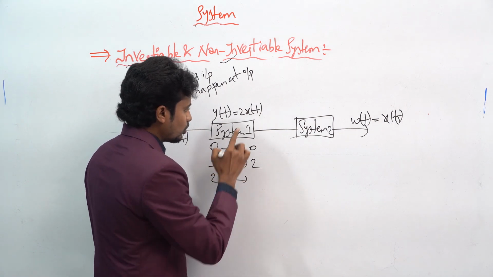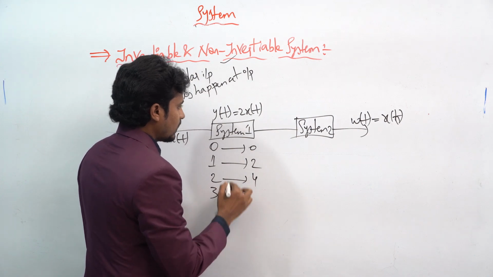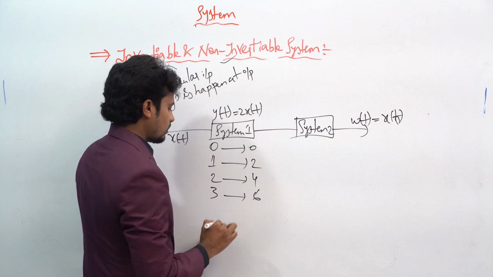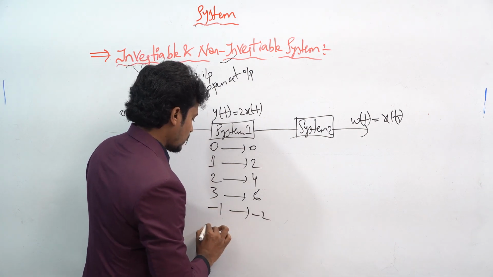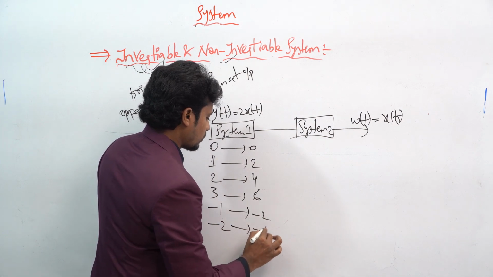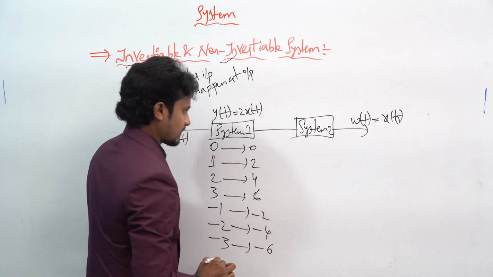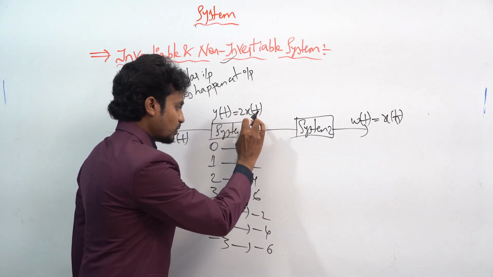If you put 2, that will be 2 into 2, you will get 4. If you put 3, that will be 2 into 3, you will get 6. If you take minus 1, that will be minus 2. Minus 2 gives minus 4. Minus 3 gives minus 6. So this was one output, that will be 2 into x of t.